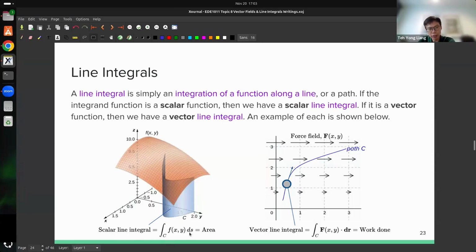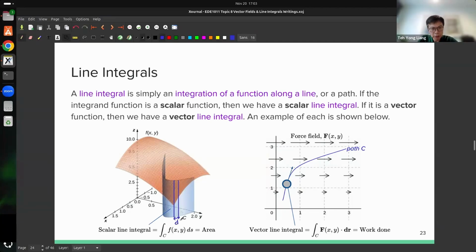And this ds is what you multiply f by, like the width. Where is ds? ds is just a small section of curve C. If I may, I can draw. ds is this distance.